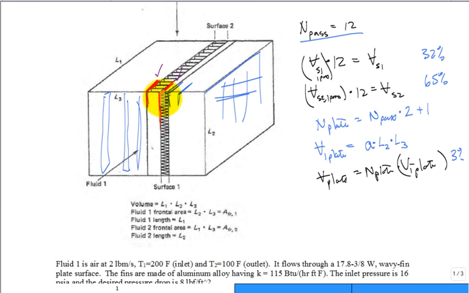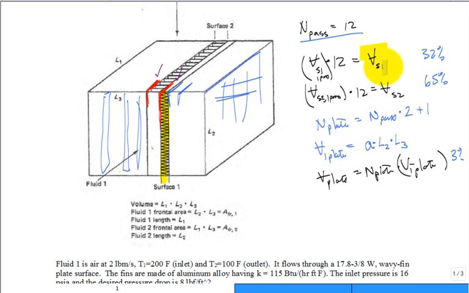This is just one of the passages that fluid 1 can go through. But we're going to have 12 of those. So I just calculate that area of one passage multiplied by the depth, get the volume. So I got the volume of one passage, then multiplied by 12, and that gives me the total volume in this heat exchanger which is devoted to letting fluid 1 stream go through. And it's actually 33 or 32% of the volume.